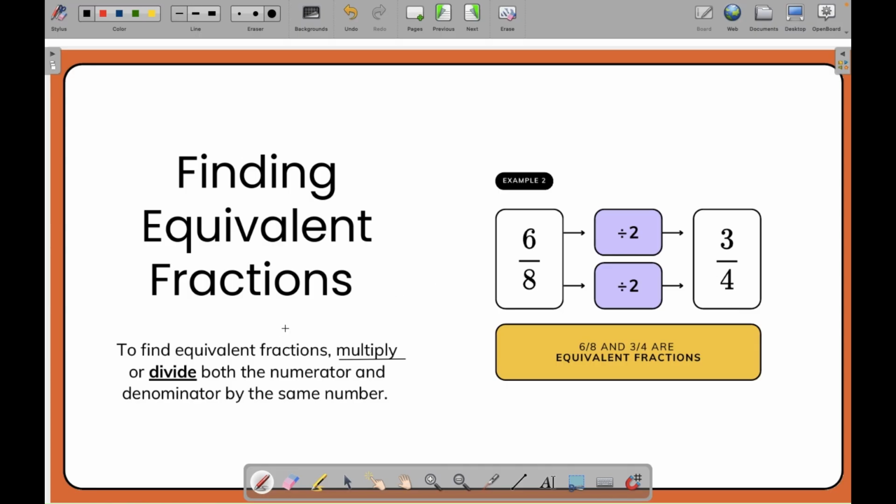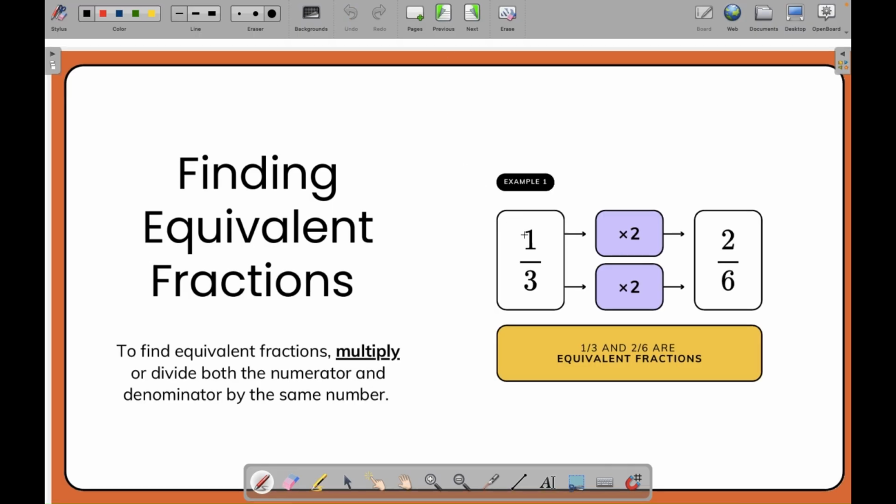Note that multiplication we can do with any number, but division we will only be able to do if these two numbers have something in common, right? Some factor in common. Since in this example both of them had 2 as a common factor, that is why we divided both of them by 2. In the previous example, we had 1 upon 3.